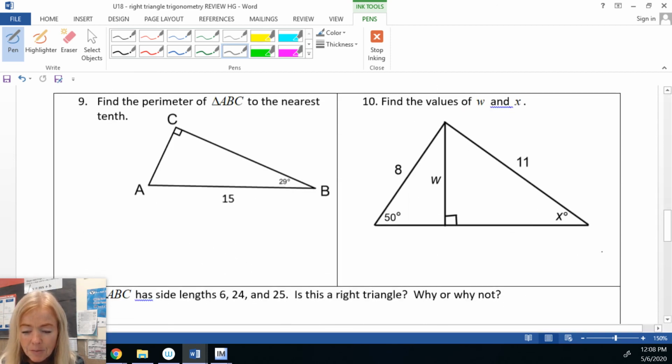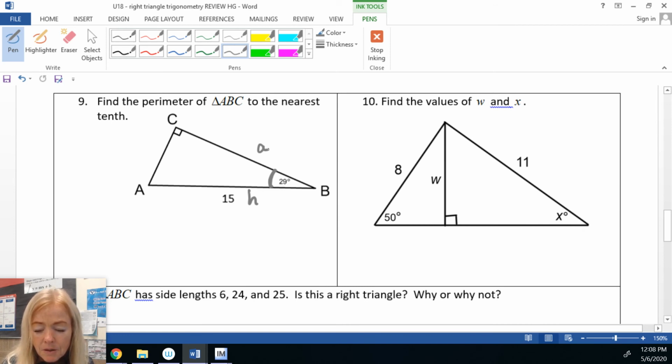All right, so we still have 5 minutes. Let's see if we can do a couple more. Number 9 asks us to find the perimeter of triangle ABC to the nearest tenth. The perimeter is found by solving the triangle, meaning we want all of the sides. So I would just pick a side. This is adjacent. We have the hypotenuse, and that's according to the angle B, which is 29 degrees, and A and H is cosine.